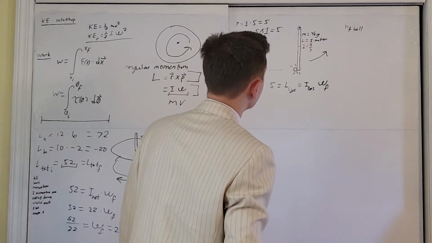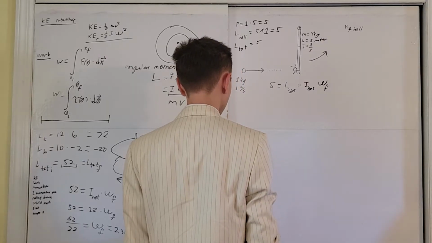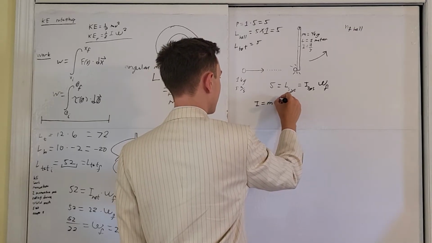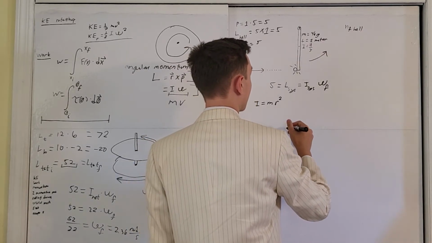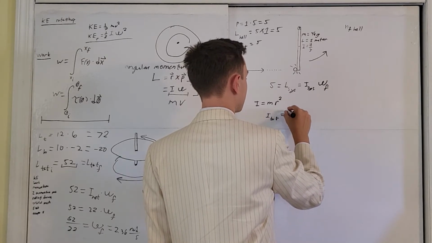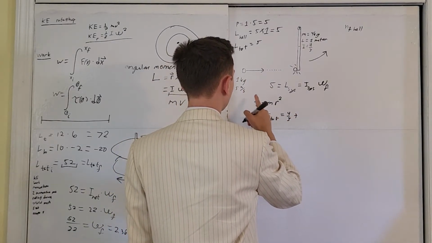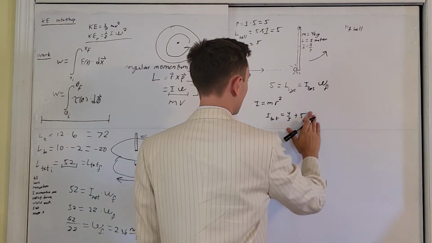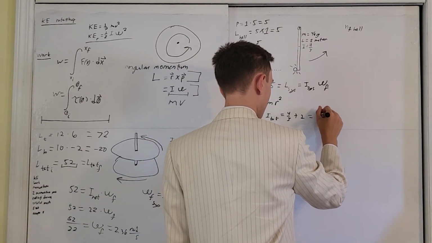Okay, so we know that the moment of inertia for our rod is 4/3, and the moment of inertia for any single point mass is equal to that mass times its radius squared, as given on your reference table. Therefore our net moment of inertia, the total for the system, is 4/3, the moment of inertia of the rod, plus the mass of the ball, 1, times its radius squared, which is 1, which is going to equal 7/3.